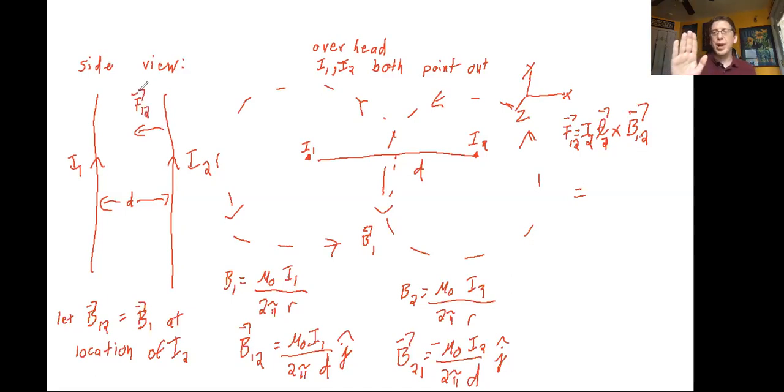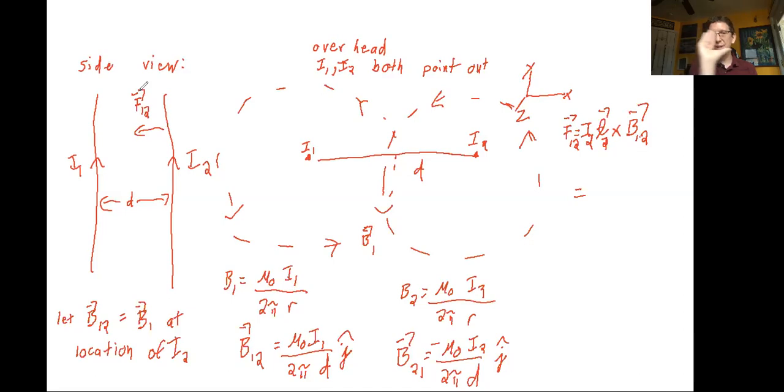Again, using the right-hand rule, you point your fingers in the direction of the current, which is out of the board. You curl in the direction of the magnetic field, which when you're talking about wire 1 acting on wire 2 is upward. Your thumb points to the left.